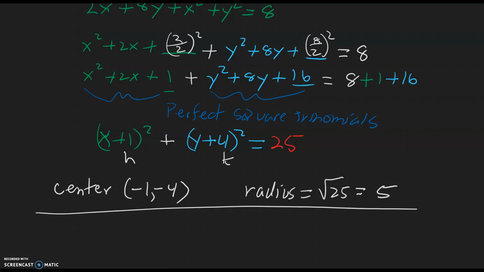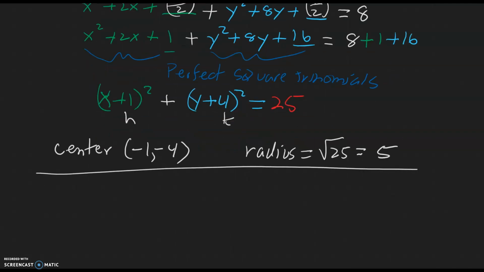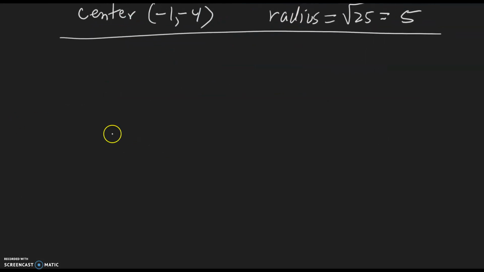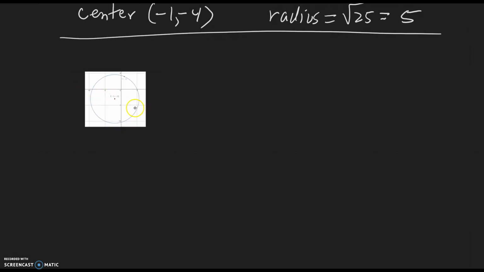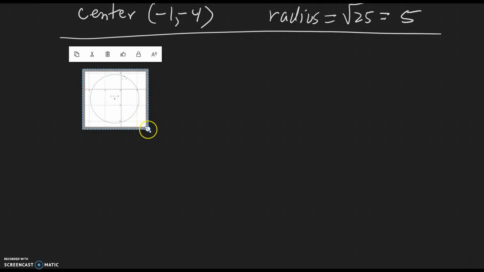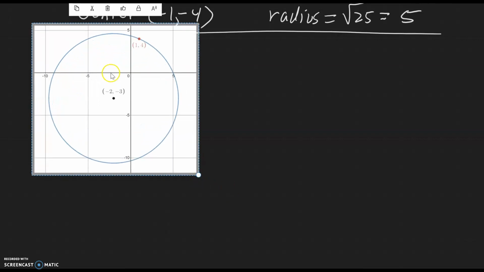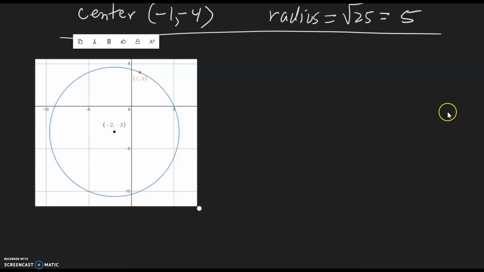Another type of problem that you may run across might be this next situation. I'll go ahead and paste that in, and I'll make that a little bit bigger so we can see it a little bit better. So what we have here is a circle. We know the center and we know a point on the circle, but what we want to know is the equation of the circle.